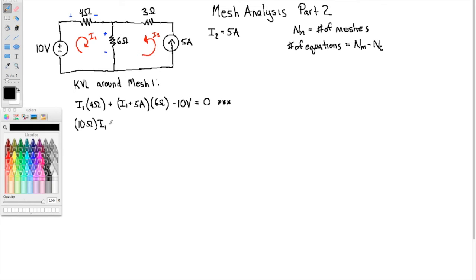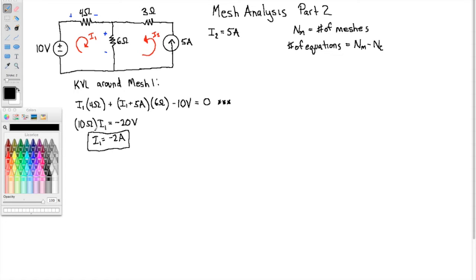And when I get that to the other side, I've got minus 20 volts. Okay, so if I solve for I1, we see that I1 is minus 20 volts over 10 ohms, or minus 2 amps.